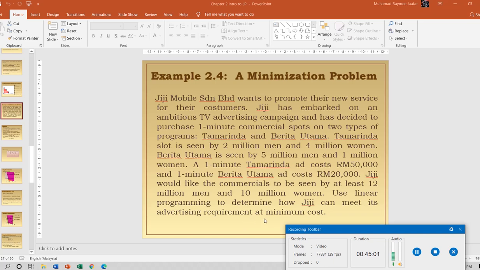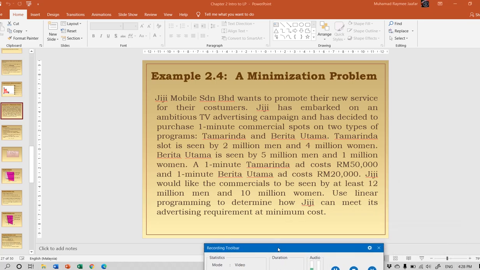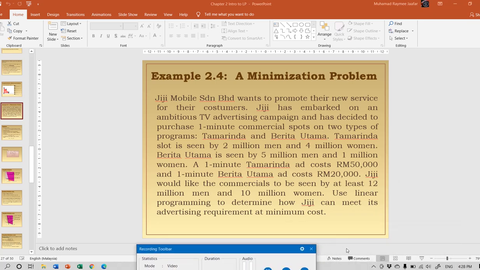Objective: minimize the cost, so cari statement yang bagi tahu tentang cost. So, cost kat sini datang daripada 1 minit Tamarinda ad yang dia purchase, dan juga cost datang daripada 1 minit berita utama ad purchase. So, itu adalah X1 and X2. Alright, good. Okay, now kita pergi kepada objective function.